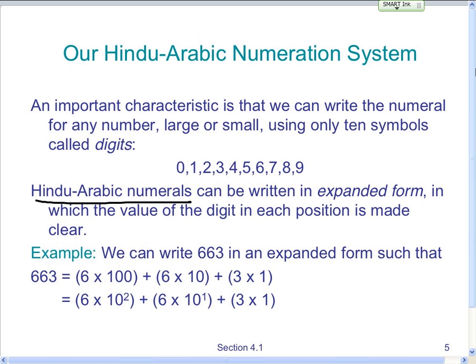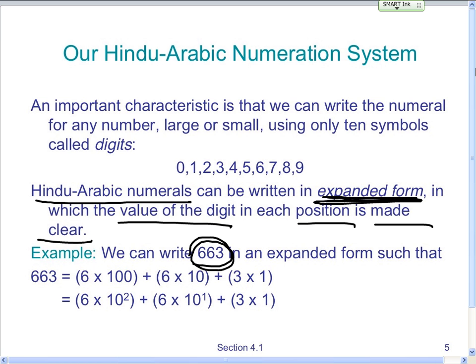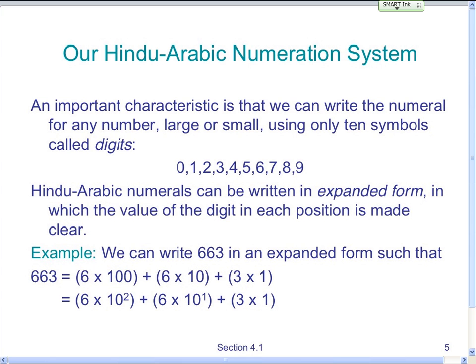Hindu-Arabic numerals can be written in what we call expanded form, in which the value of the digit in each position is made clear. In other words, if I say 663, what that means is I have 6 hundreds, because that's what place it's in. I have 6 tens, because that's in the tens place, and I have 3 ones.